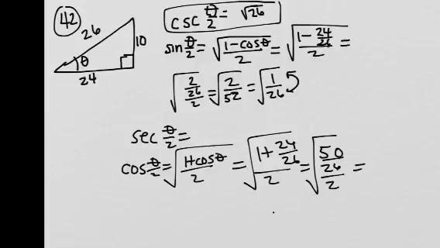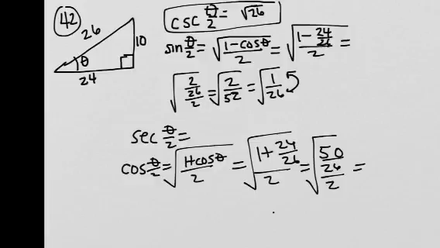Okay, so when I reduce this one, I get 25 over 26, because I could think of it as multiplying top and bottom by 2 to get rid of this right here.